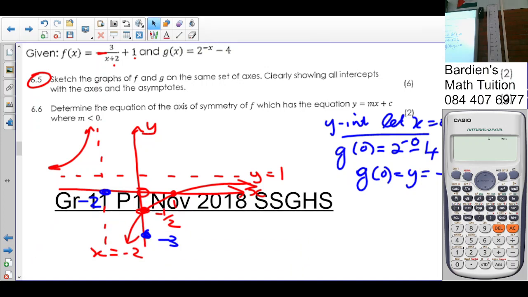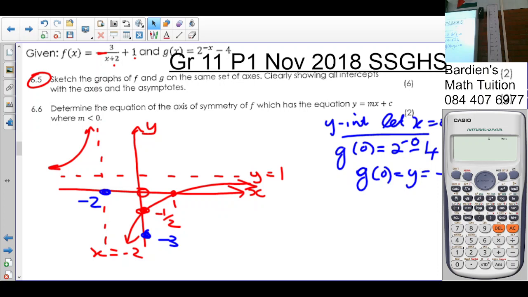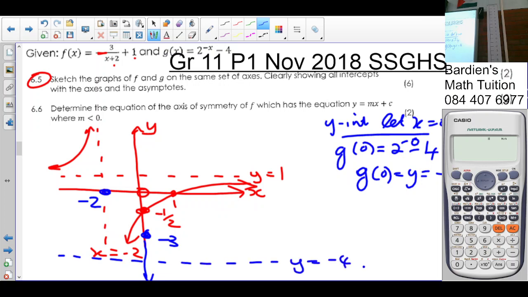We also know that this graph has an asymptote at y is equal to negative 4, extending there a bit. And as we know, it's a decreasing exponential function. And this is your g of x graph.